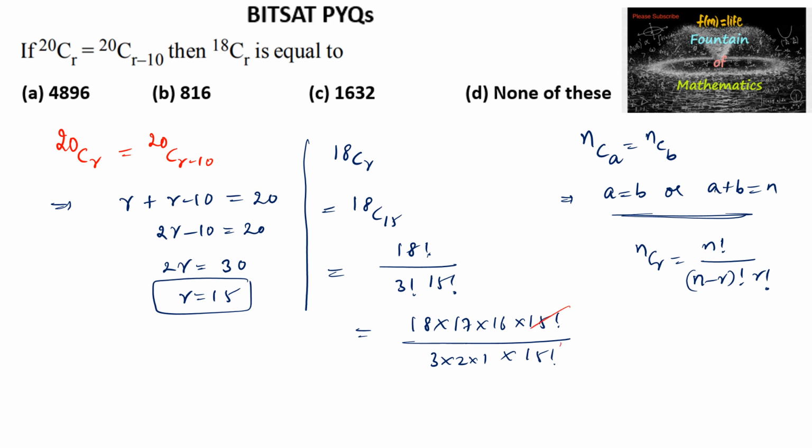So we may cancel 15 factorial, and 3 with 6 times, and here 2 again, 2 8s we can write. So 6 8s are 48, 48 into 17. After calculation you will get 816. So 816 is the answer, which is option B.